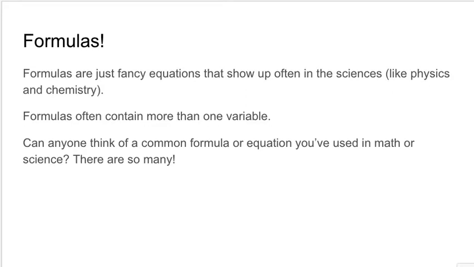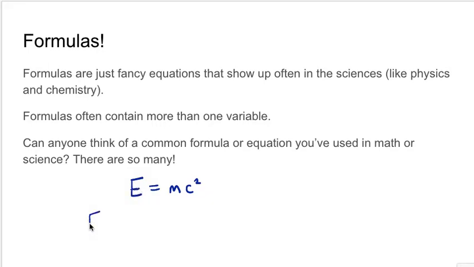One of those common ones you might have seen in the first slide is E equals mc squared. Energy equals mass times the speed of light squared. E equals mc squared is the formula that Einstein is famous for.